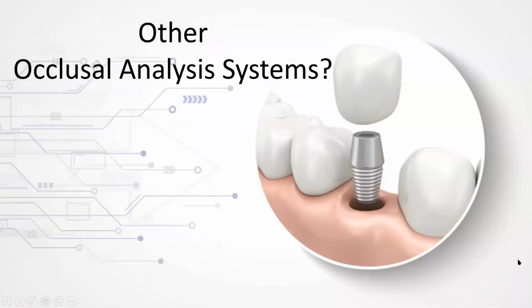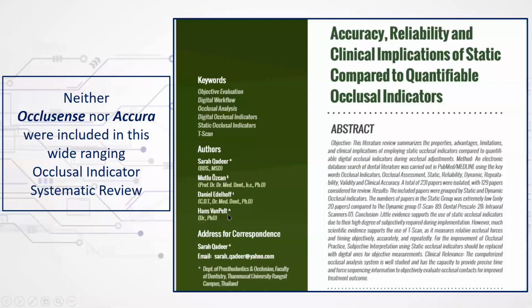Now, there are questions about other occlusal analysis systems that have been introduced into the marketplace, which is a great thing because it's expanding the need for digital occlusion. It's showing there's a field that's growing, that there are new technologies. And so what's important for you to understand is neither of those technologies, OccluSense or Accura, were actually included in this wide-ranging occlusal indicator systematic review.